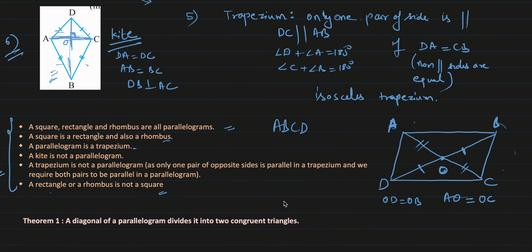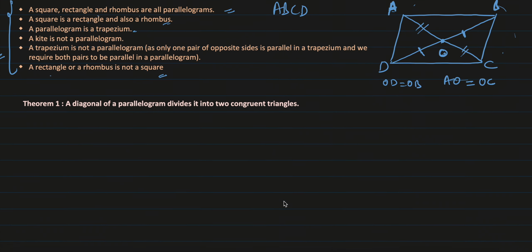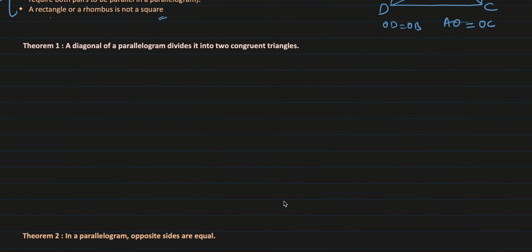Now let's move to the theorem part of the chapter. As you have come to 9th grade, you will be learning a lot of theorems. So whatever statements we know, now they are all turned into theorems. The first theorem of the chapter is that the diagonal of a parallelogram divides it into two congruent triangles. Whenever a theorem comes, there is always a statement.